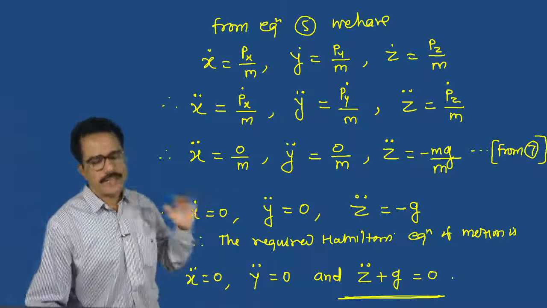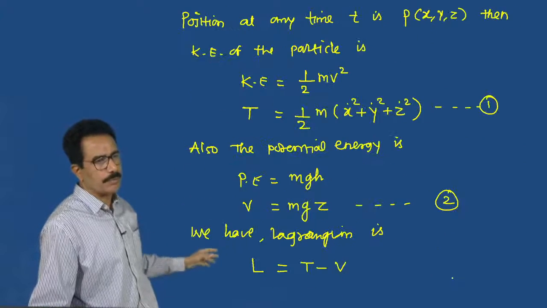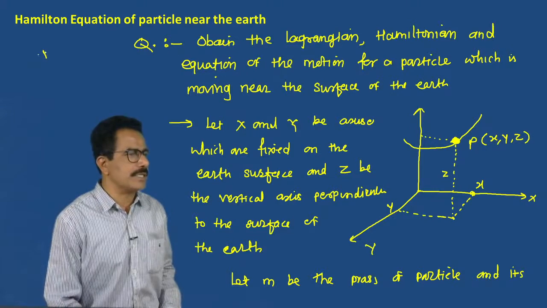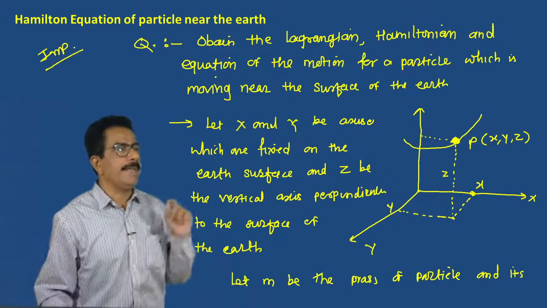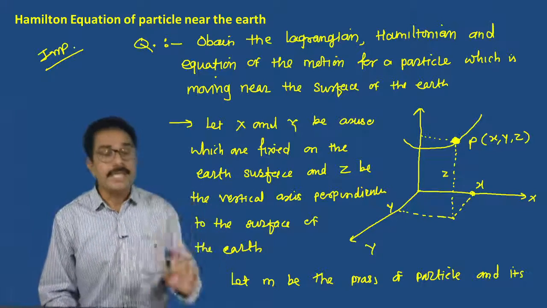Okay, and hence proved. In this way we can calculate Hamilton's equation. This is a very important problem you must know: Hamilton's equation for a particle which is moving near the earth.